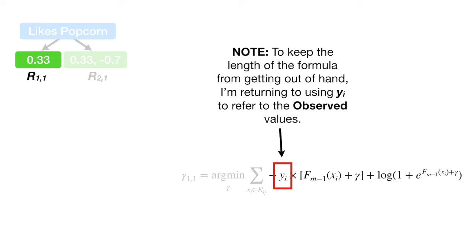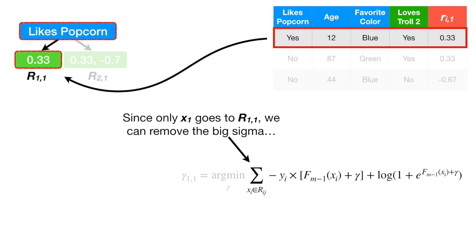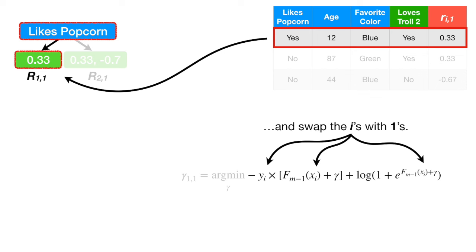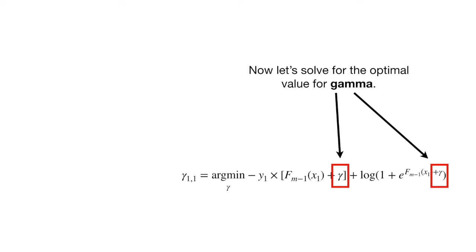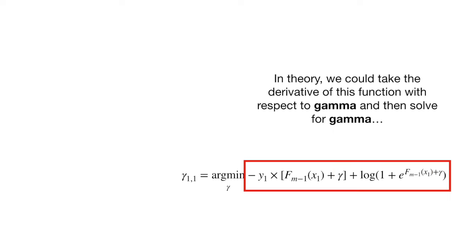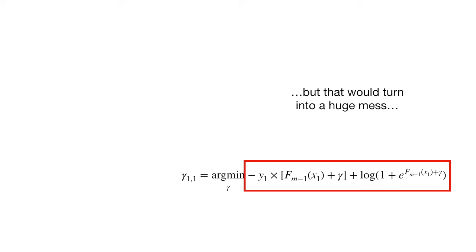Note, to keep the length of the formula from getting out of hand, I'm returning to using y sub i to refer to the observed values. Since only x sub 1 goes to r sub 1, 1, we can remove the big sigma and swap the i's with 1's. Now let's solve for the optimal value for gamma. In theory, we could take the derivative of this function with respect to gamma and then solve for gamma, but that would turn into a huge mess.